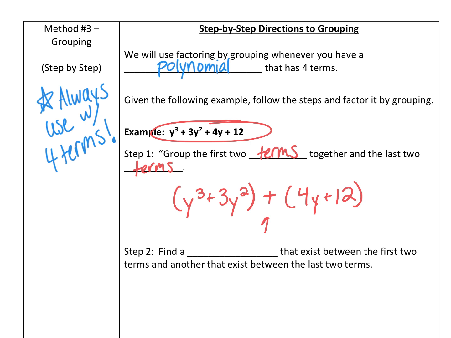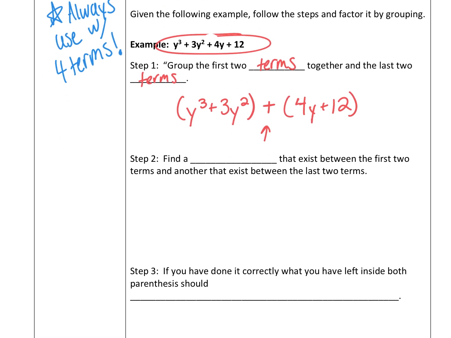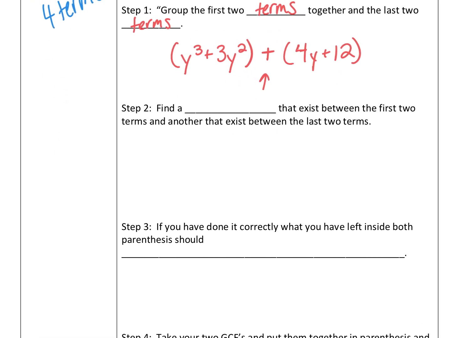So even if this was like a minus 4y, it's not, okay? But if it was, that minus would just go inside that parenthesis with that 4y, okay? But in this case, again, it wasn't. So just make sure that there's always a plus sign between your 2 sets. From there, we then want to find a GCF between the first 2 and one between the second 2, okay?